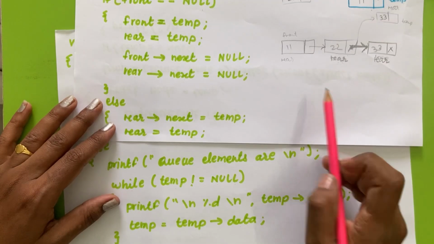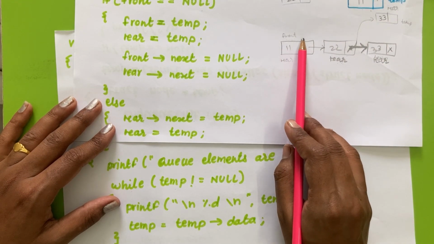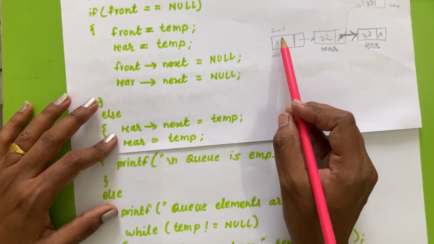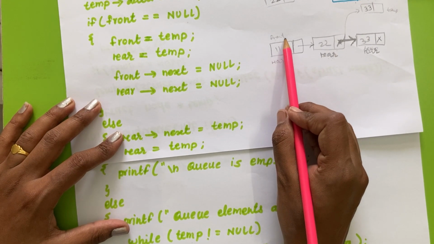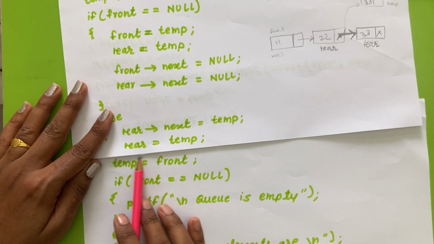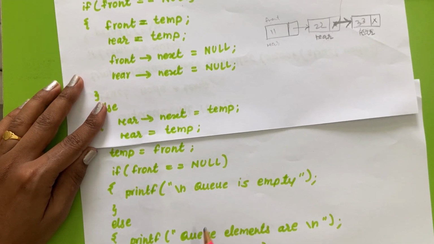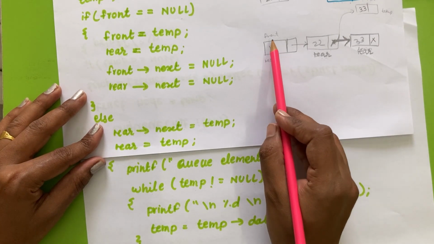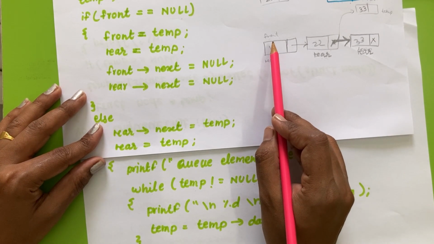Suppose we have our current linked list, and this is our front end and this is our rear end. The first temporary node will be the front, because we first copied front into the temporary node. Then the condition temp not equal to NULL is satisfied, because this is a temporary node, not a null node.